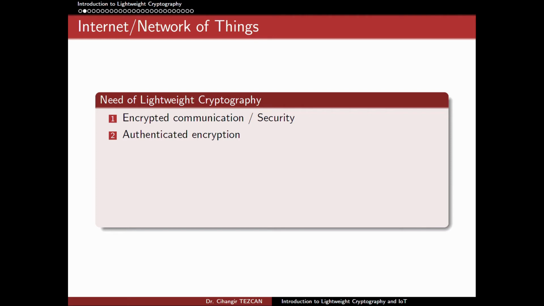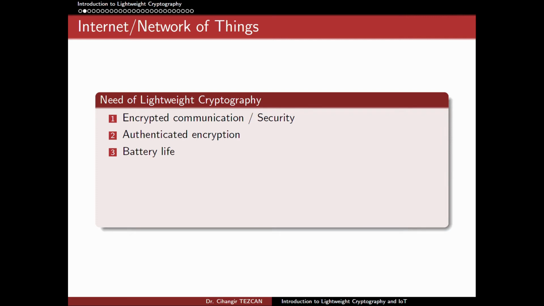So we actually need authenticated encryption, and in our last slides I will talk about the standardization process of NIST, which is actually a competition about authenticated encryption algorithms. And we also need lightweight cryptography for the battery life, because these devices most of the time run on batteries. So if your cryptographic encryption algorithm is demanding, then the battery of your devices would not last long.